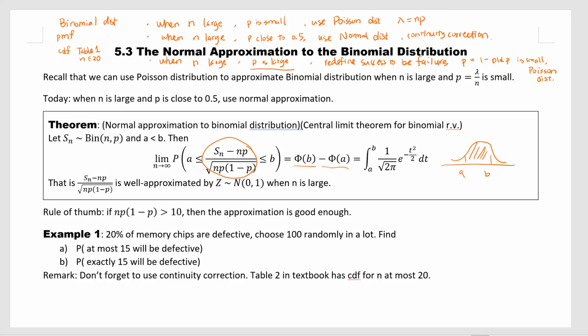This standardized binomial distribution is well approximated by the standard normal distribution when n is large and p is close to 0.5. As a rule of thumb, if your variance is greater than 10, then the approximation is good enough.